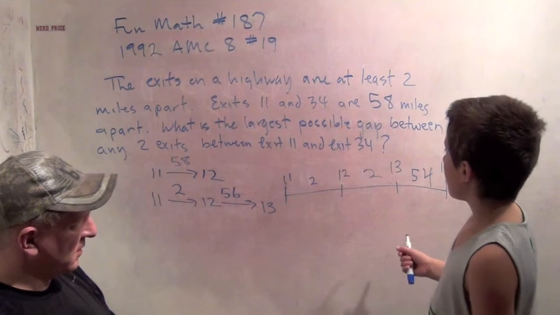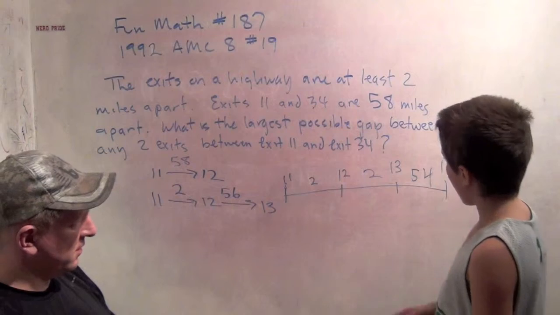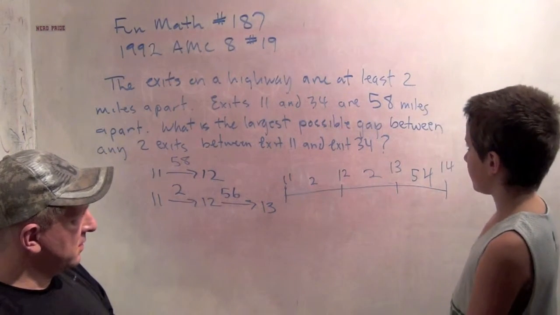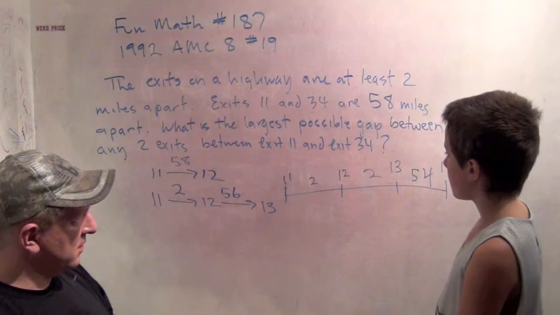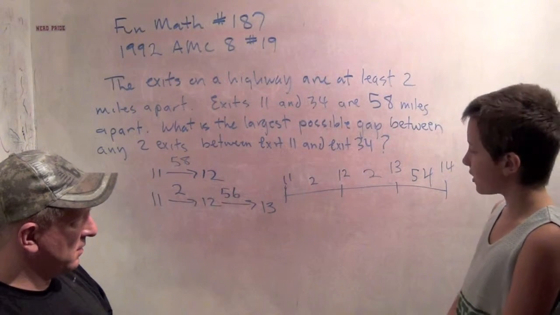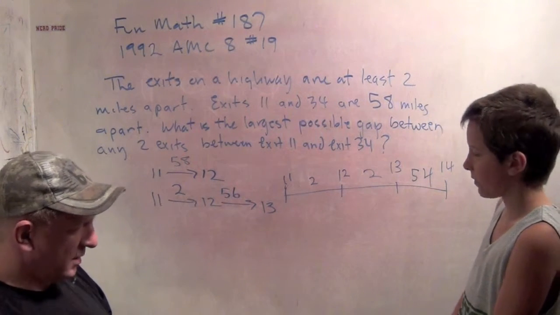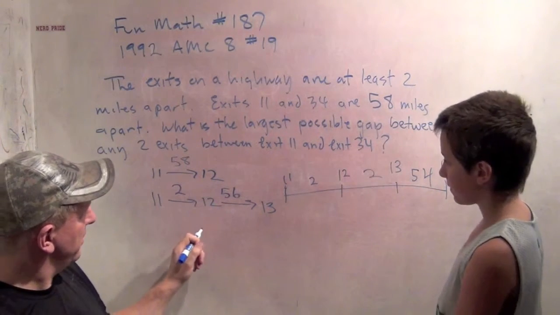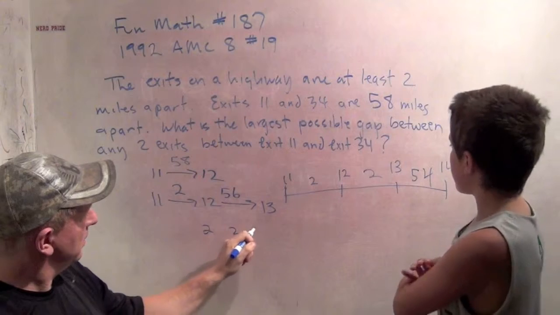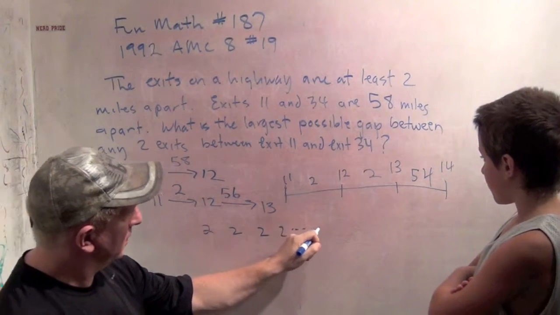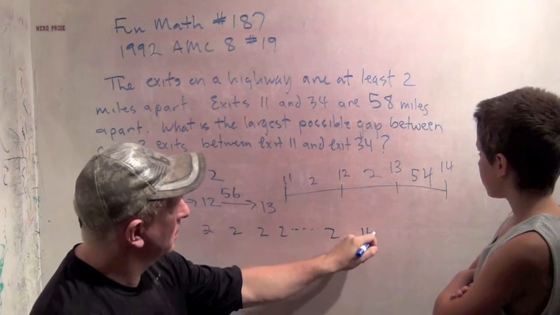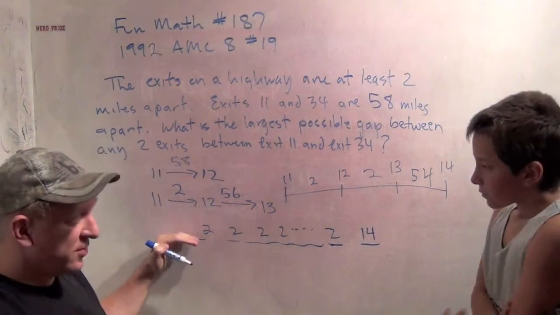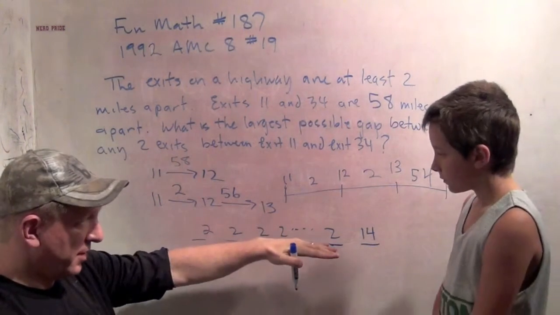And then we need the last gap, or any gap in the middle, to be, well, 22 times 2 is 44. And then we have to get it up to 58. So how are we going to do that? Well, it's going to be 14. Okay, there you go. So we're going to have 22 2s and 1 14.